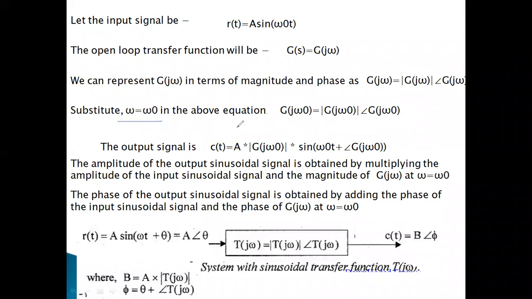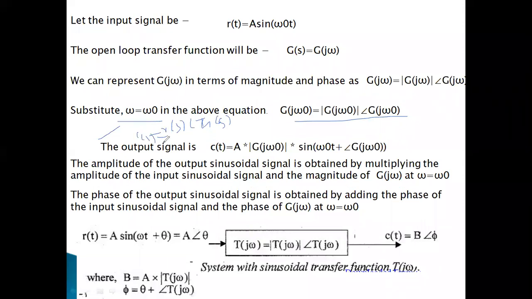At omega equal to omega naught, or at a different frequency, the only changes are in magnitude and phase angle. The output is the input multiplied with the transfer function.